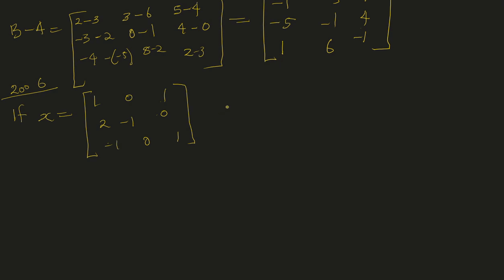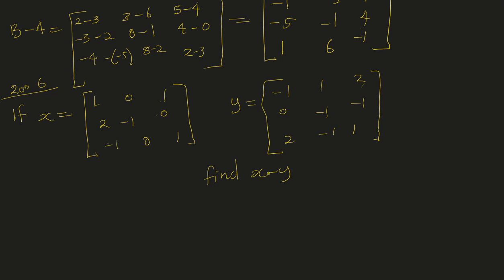And y is equal to, I have minus 1, 0, 2, I have 1, minus 1, minus 1, and I have 2, minus 1, and 1. So the question says I should find x minus y.